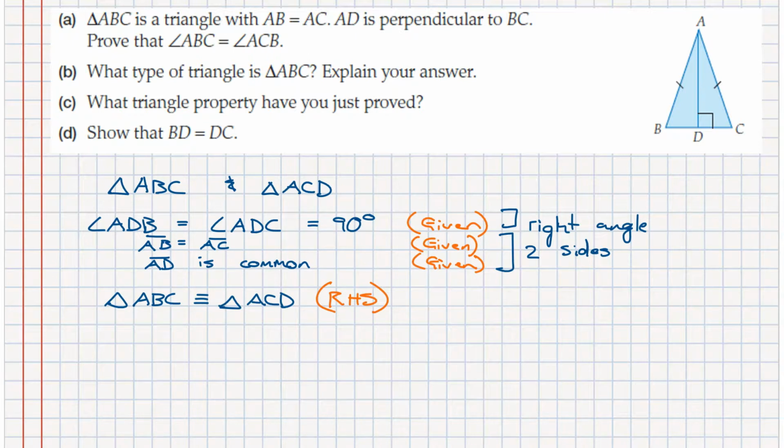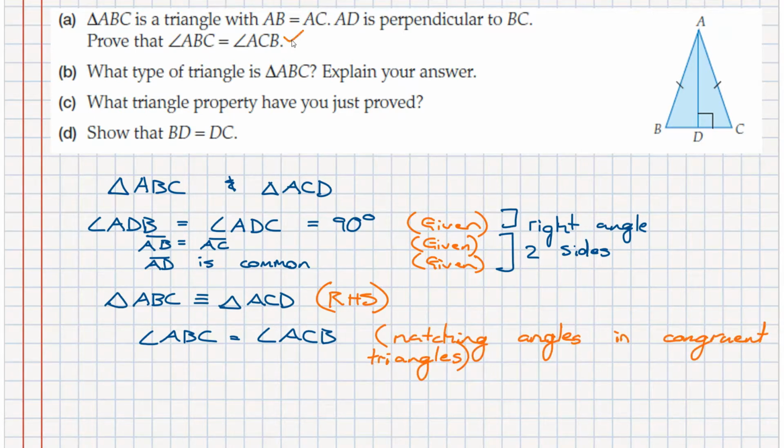Now, because we know both of the triangles are congruent, what we can get away with saying is that therefore angle ABC must be equal to angle ACB. And the reason it has to be that is because, if the triangles are congruent, they're the matching angles. So angle ABC and ACB must be equal because they're matching angles in congruent triangles.